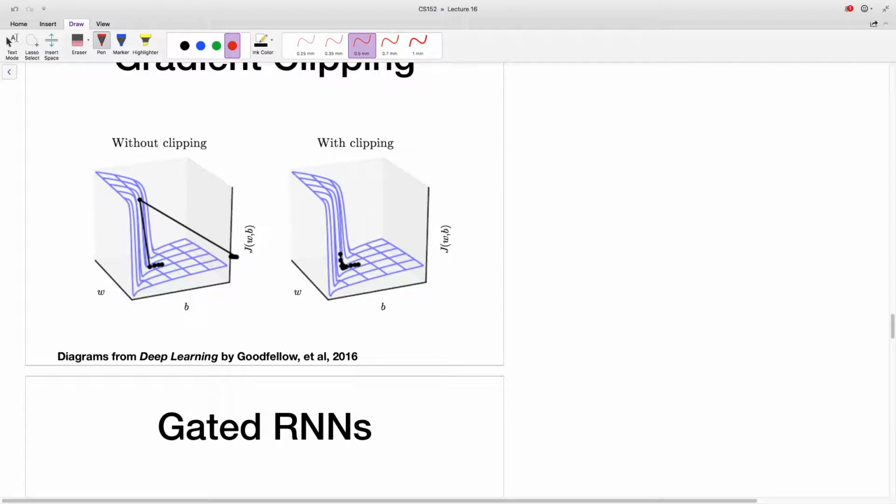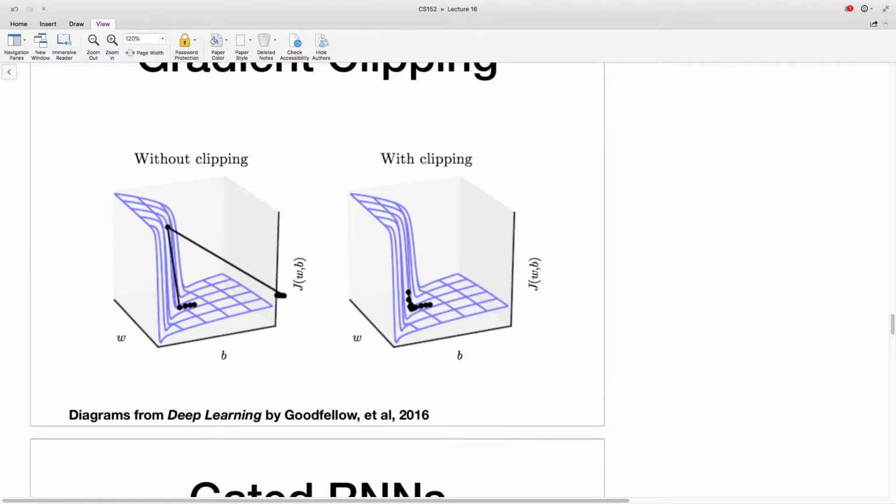So let me try and explain this. This is from the deep learning book. I have referenced that in the syllabus and schedule, and it is a good book, and it's available online for free, although it's a little hard to search in the online version. So here's the idea.